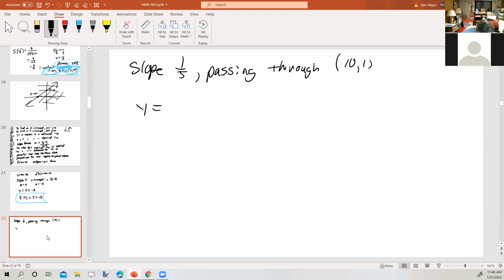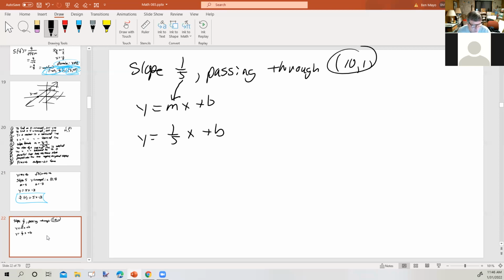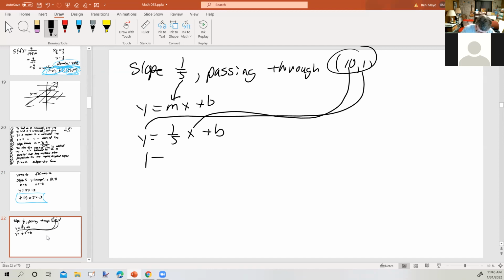Anyway, so the slope is 1/5 and it passes through the point 10, 1. So y equals mx plus b. 1/5 goes in for the slope. I need the y-intercept. This is not the y-intercept. If it was, the x value would be 0. However, it is a point on the graph. So we could take 10 and put it in for x, and 1 and put it in for y.